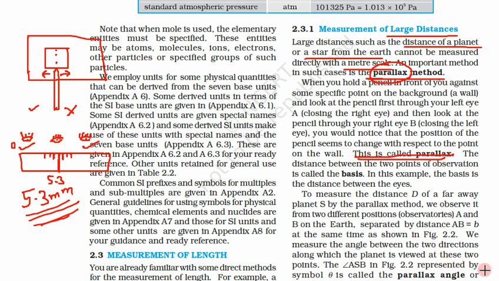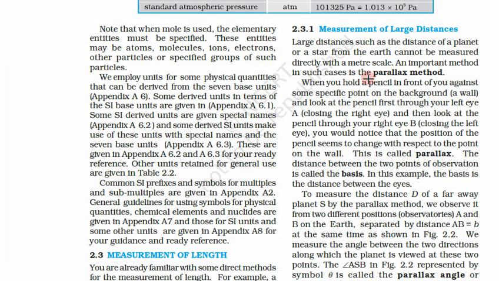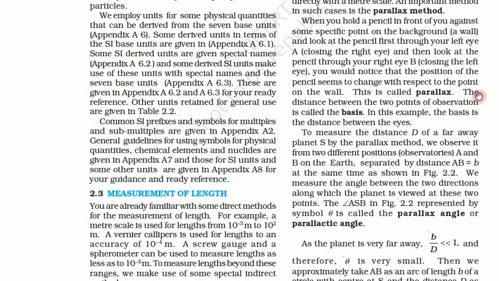So now we have understood what parallax is. Definitely the position of the object or the length of the line has not been changed. What has been changed? The position of our eyes or of the instrument has been changed. So this effect is called the parallax effect.